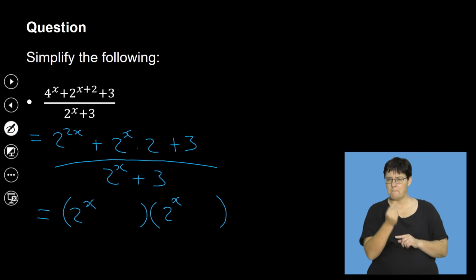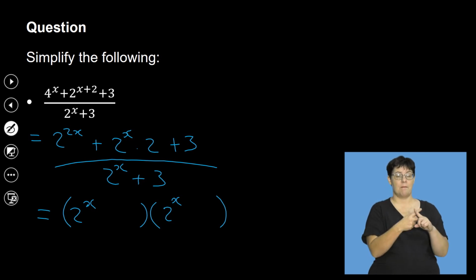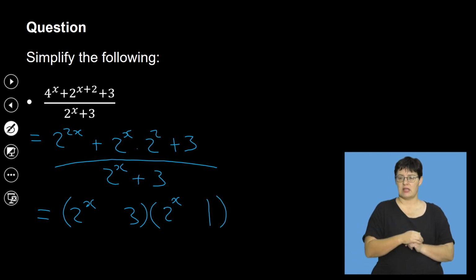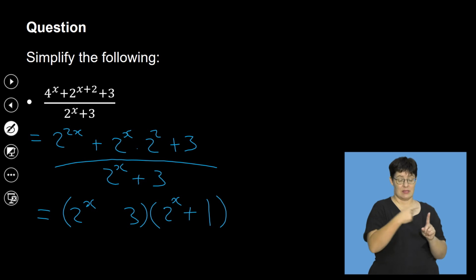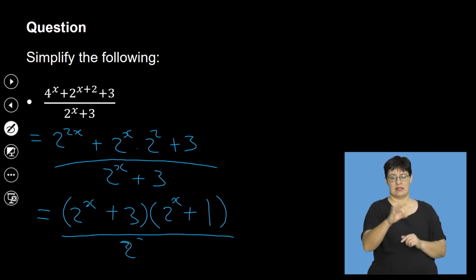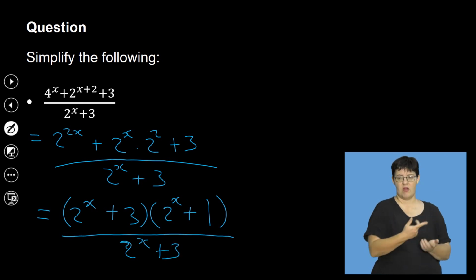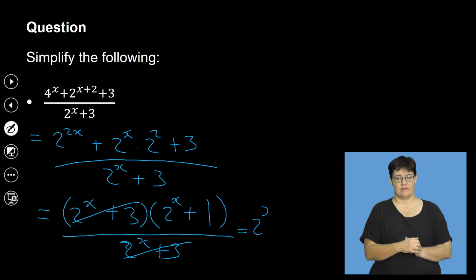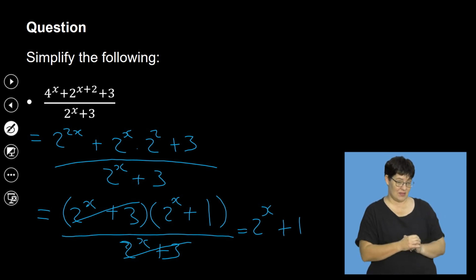The 3, you can find it by multiplying the 3 and 1. Oh, it's 2 squared here, sorry. So it's 3 and 1 plus, and then over 2 to the exponent of x plus 3. Then these two cancel. Then finally, it's 2 to the x plus 1, right? So I hope that is clear.